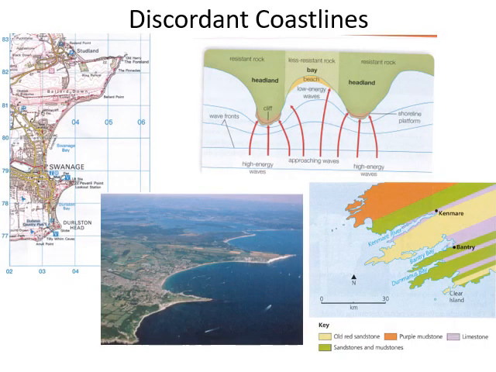And then we have the discordant coastline, where the rocks lie at right angles. This is where we tend to find these traditional iconic headlands and bays. But it's very important to recognize that when we're talking about the geological structure, it depends what the rock is next to.